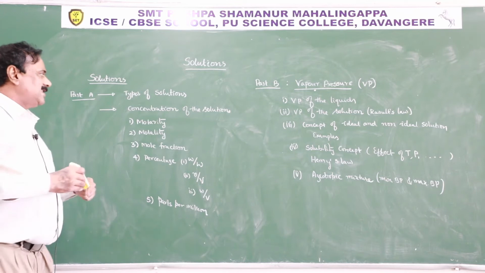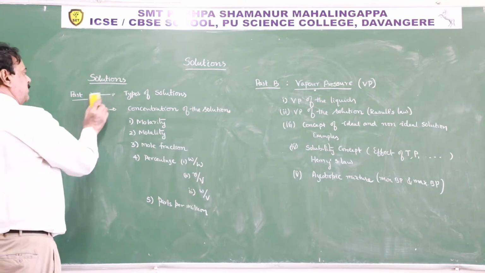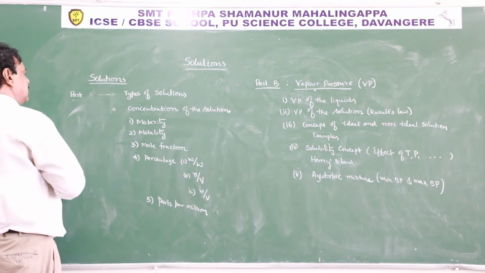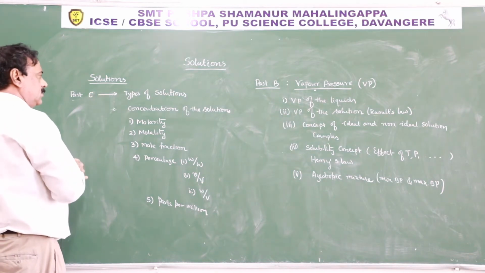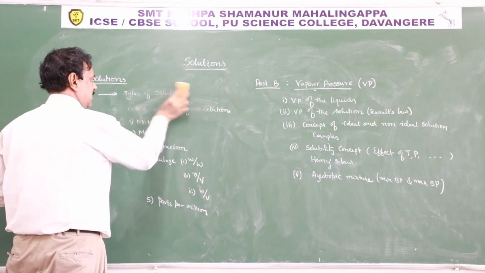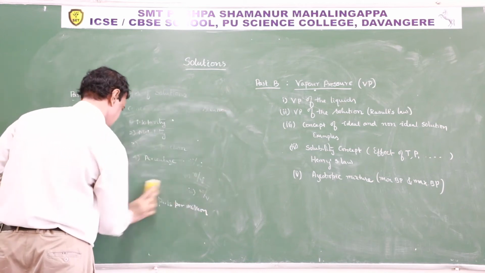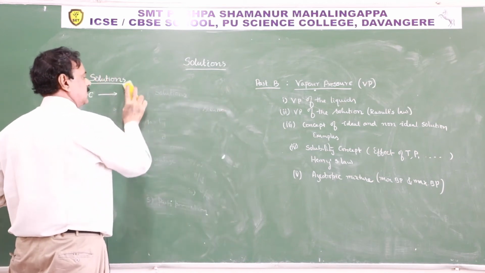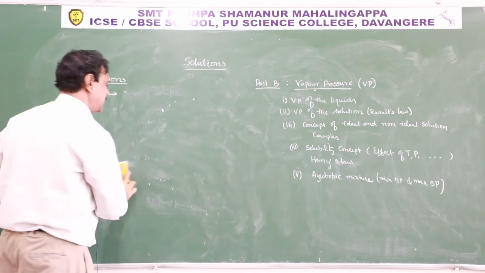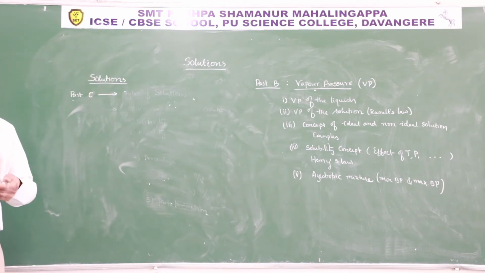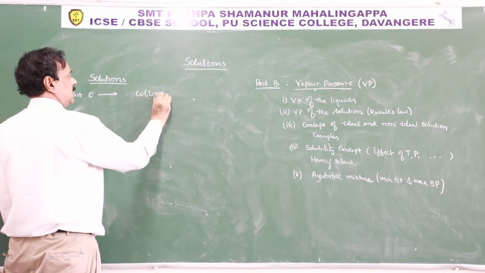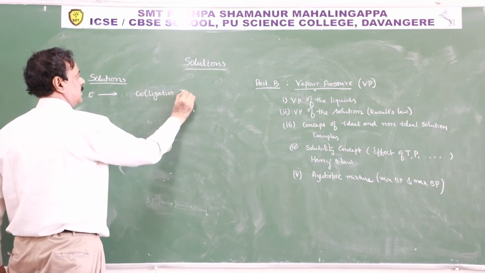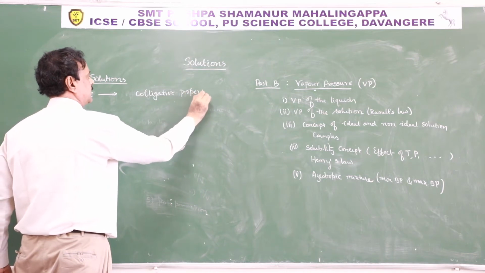And the third part is very important, Part C. Usually the 28A question will appear from Part C, especially numericals, on colligative properties.